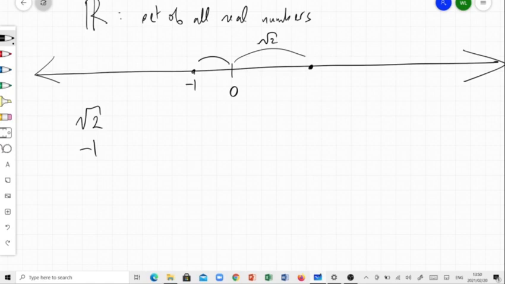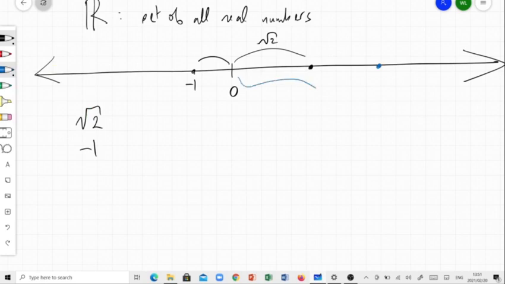Okay, and for this reason, because we only need a single real number in order to give a label or the coordinates of a point on this line. So for example, let's say I want to find the coordinates of this blue point.